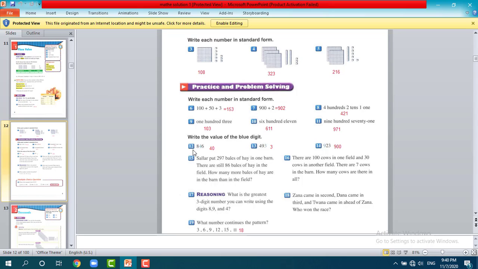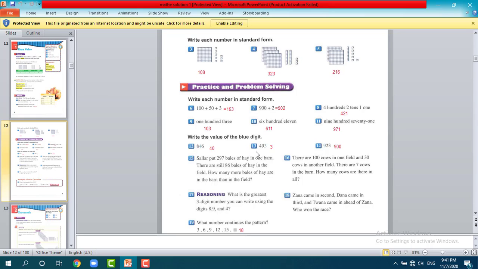In equation 12, it says 846. 4 is blue, and we say 840. It's 40. We write 4 with a 0 added because it's tens. Now we wrote 40, and it's the value of 4.